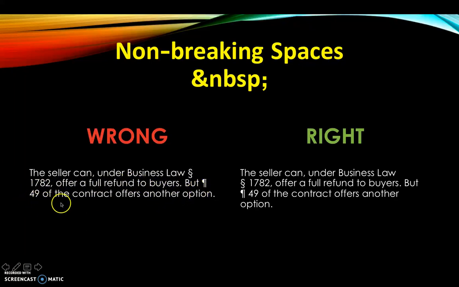But paragraph 49 of the contract offers another option. It is incorrect to separate your subsection from the number and your paragraph from the number. So the proper way to do this is to use a non-breaking space to glue those words together. Let's try it out in our text editor.